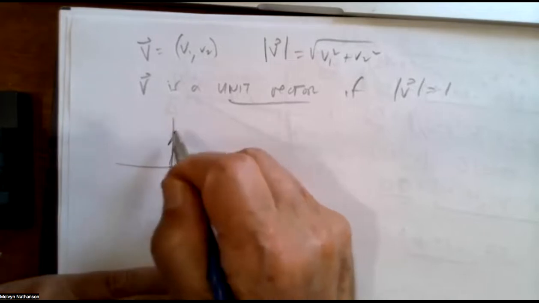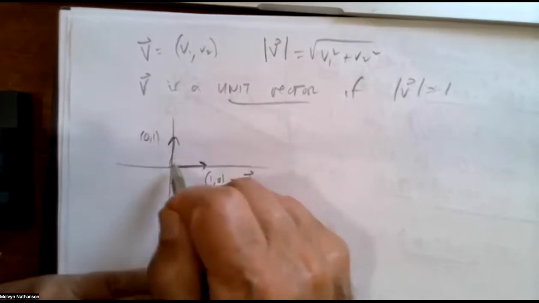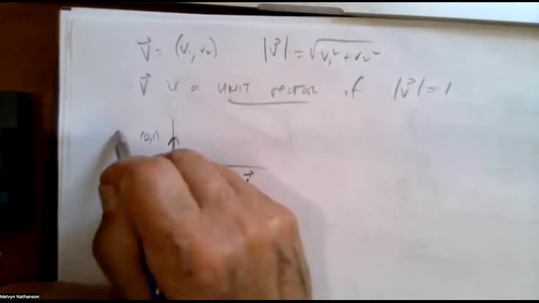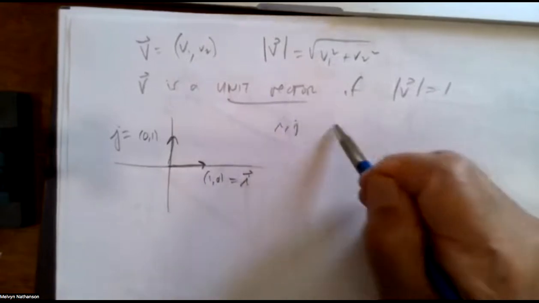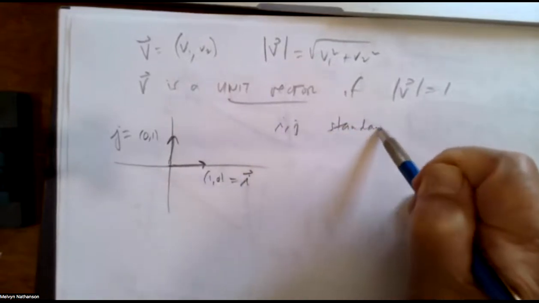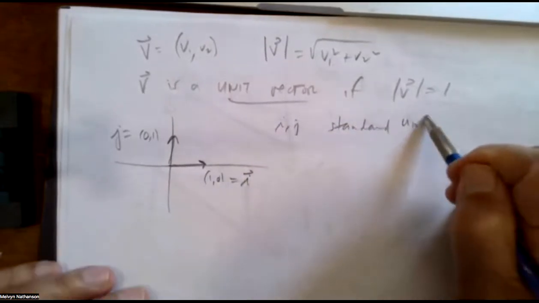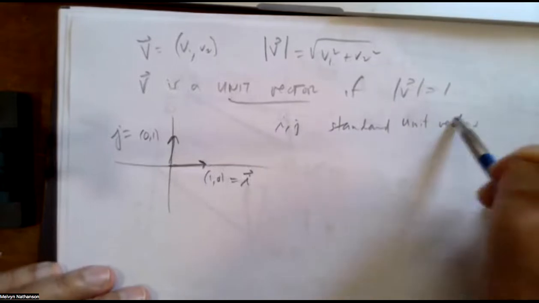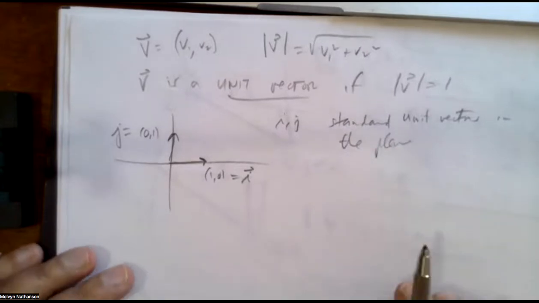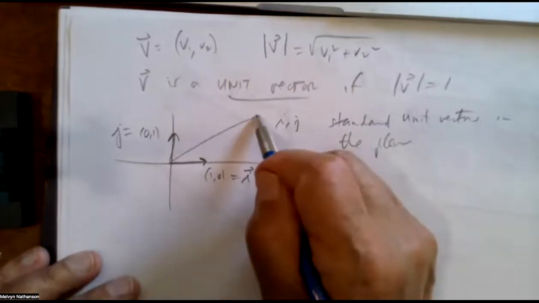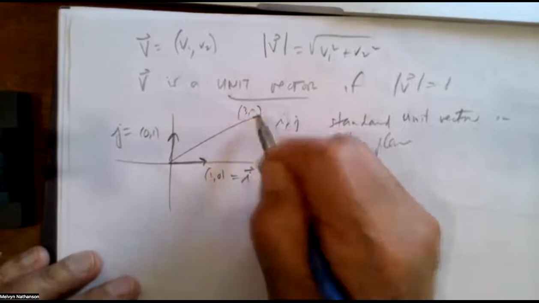And if you take the unit vector 0, 1, which is a unit vector in the positive y direction, that's equal to j. That's the notation. So i and j are the standard unit vectors in the plane.